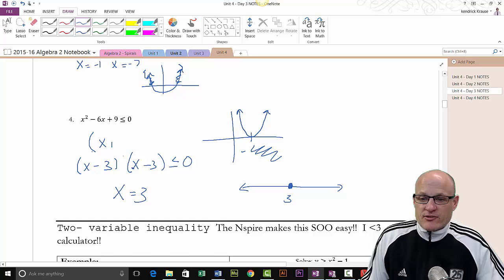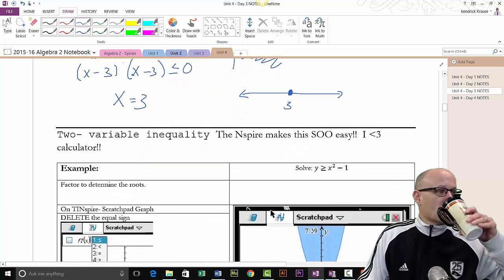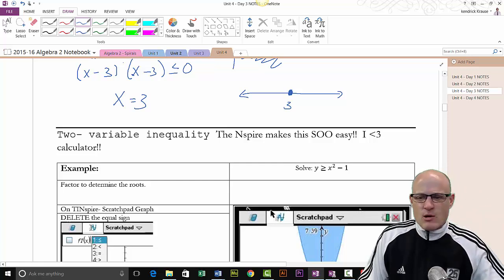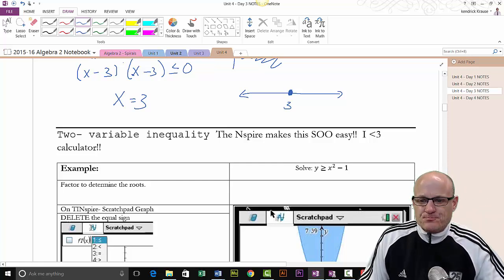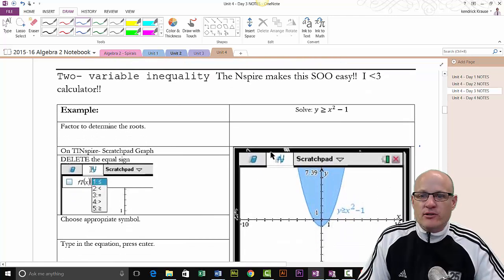So what happens if I decide I want to actually graph instead of equal to 0? I want to actually graph this. So, again, the TI Inspire does make this easier.